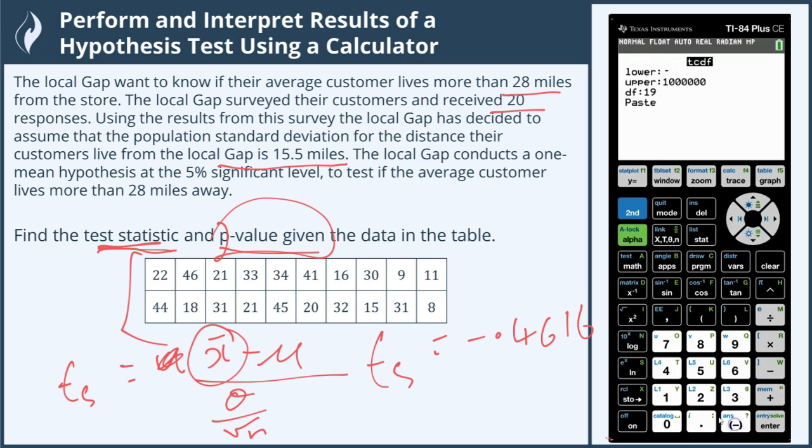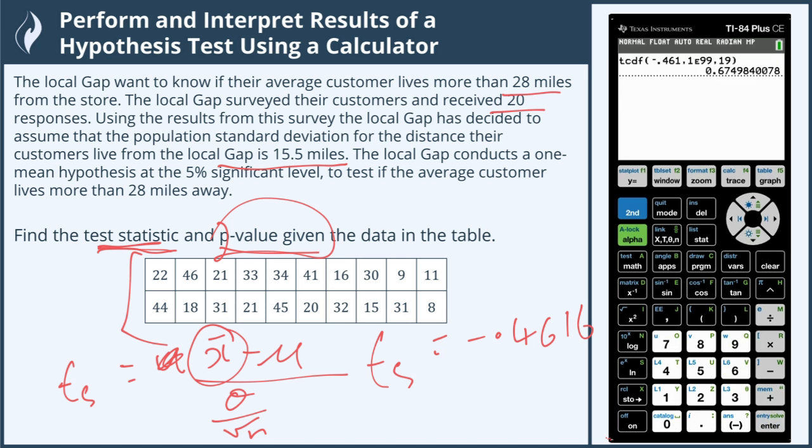So we're entering our test statistic, which is negative 0.46. And our upper value, we're going to use infinity. So we're going to simulate infinity by using positive E to the 99. Degrees of freedom are 19 because we have 20. And remember that the degrees of freedom is n minus 1. So now we also have a p-value.